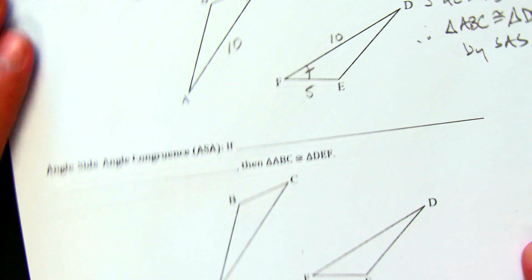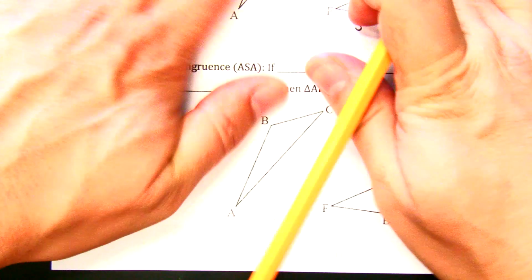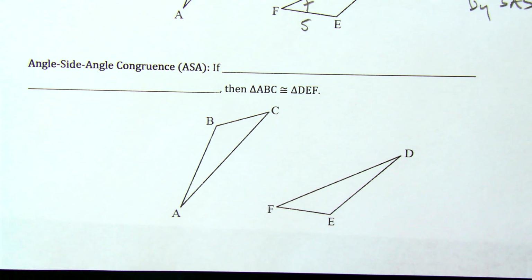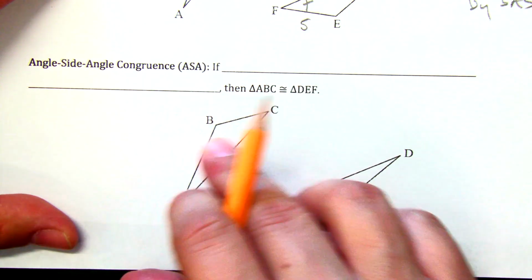Next theorem. This is the last one we talk about in this video. Angle side angle congruence. This is different. Now the other two we saw, we had similarity theorems that were like this. We don't have a similarity theorem for angle side angle. So this is angle side angle congruence.